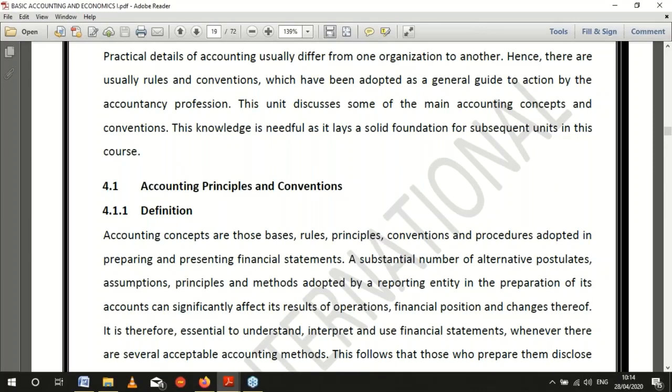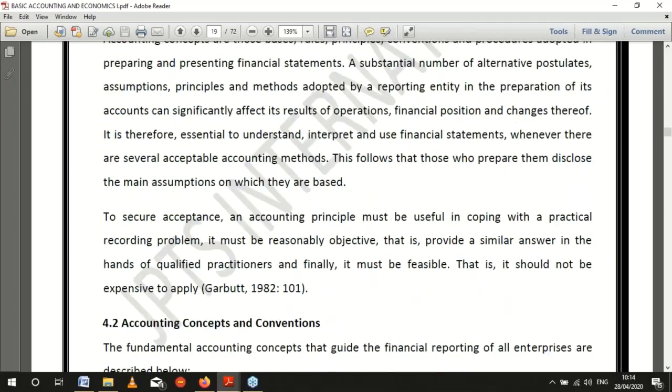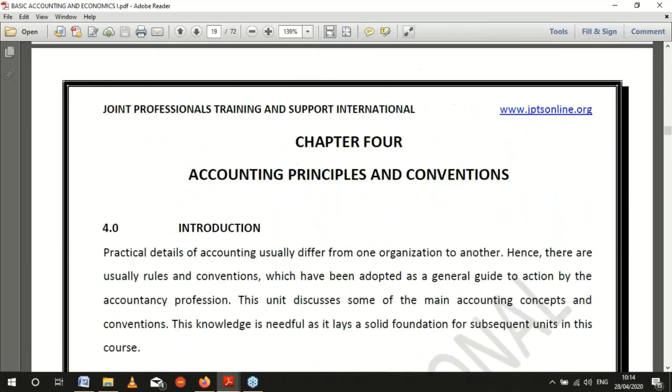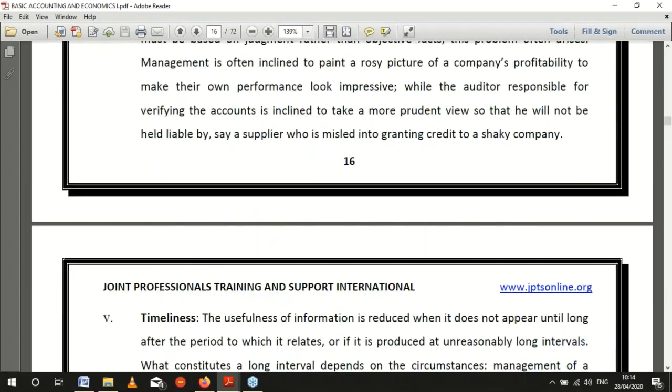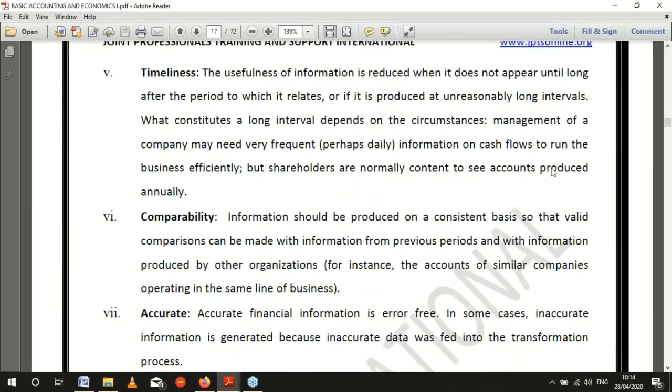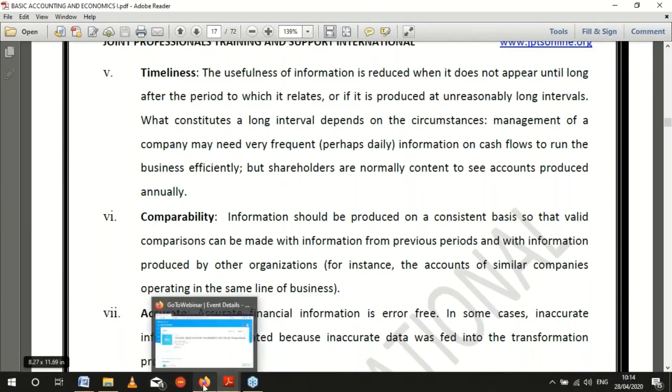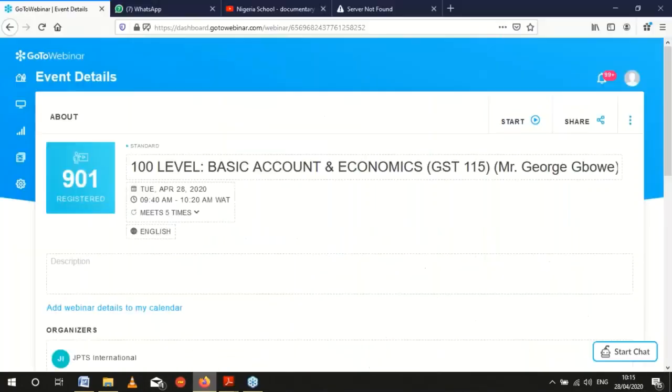If you look at the invoice, you will see the names of the business and the names of those who are buying, and the particulars. Number two, we are looking at receipts, which are among our source documents. A receipt is a business document used as evidence of payment for goods or services bought or rendered.